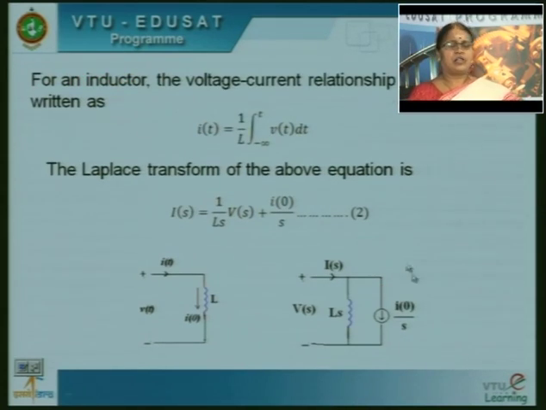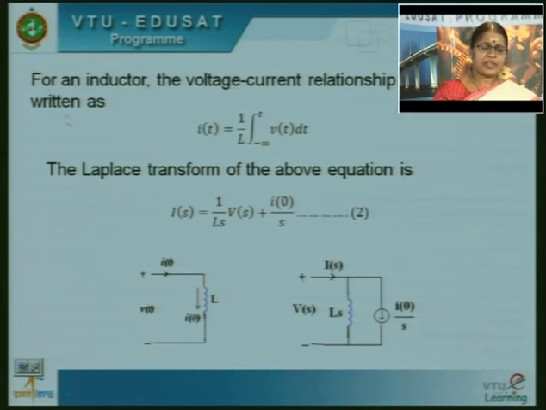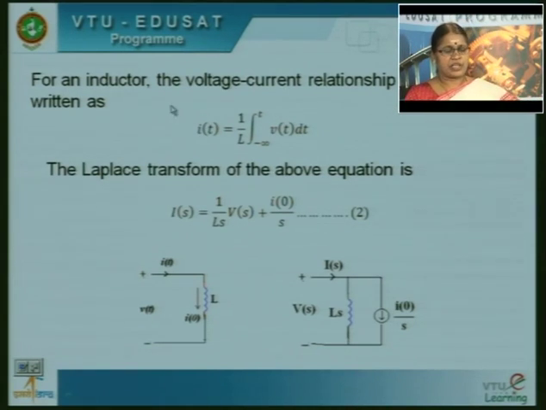And we can also write the expression for current flowing through the inductor in terms of voltage across the inductor. So, the voltage-current relationship can be written as the expression for current in terms of voltage. In that case, I can write I of t is equal to 1 by L integral from minus infinity to t of V of t dt.